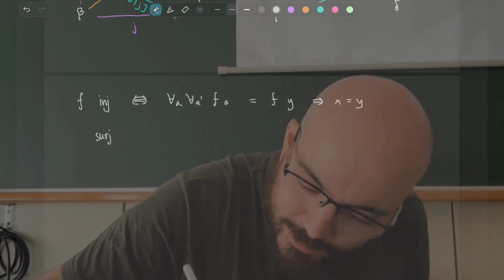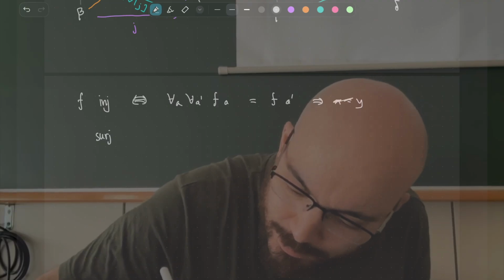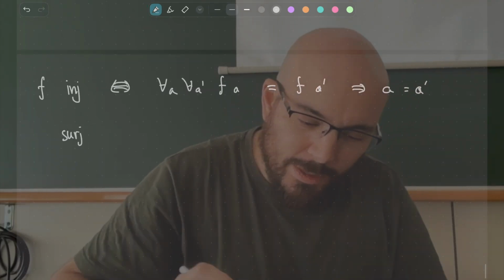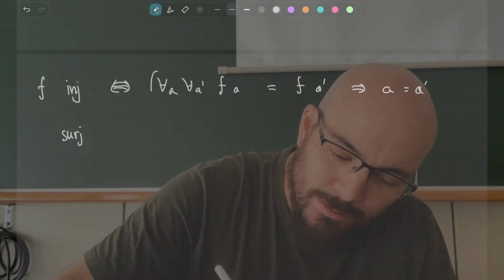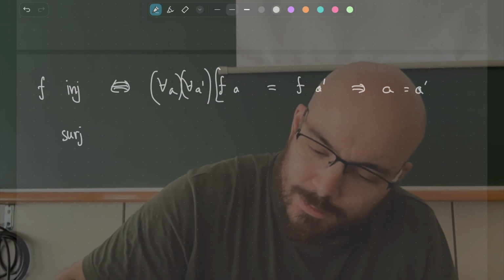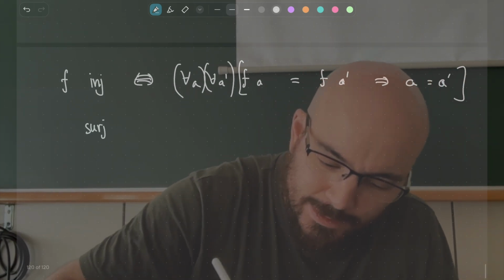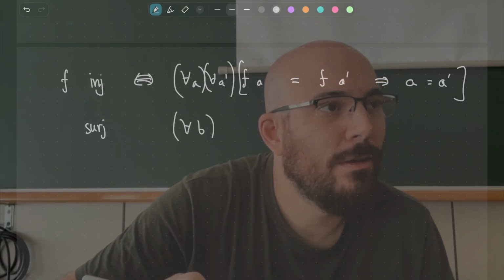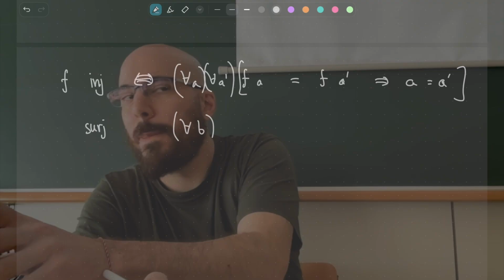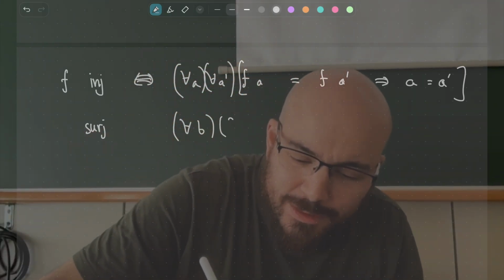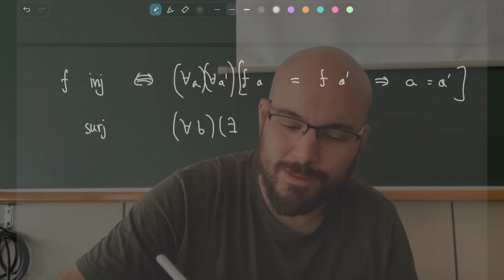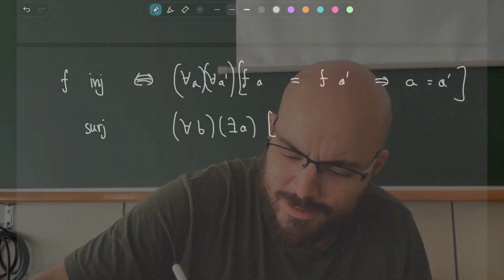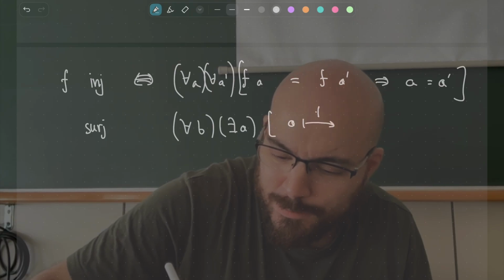You go from A to B. And surjectivity would be what? For all B. Somebody help me? Yeah, and I'm already getting creeped out by that. There exists an A such that A gets mapped by F to B.